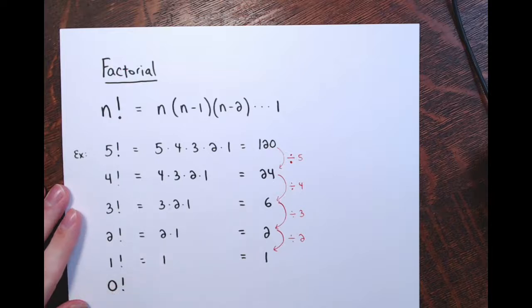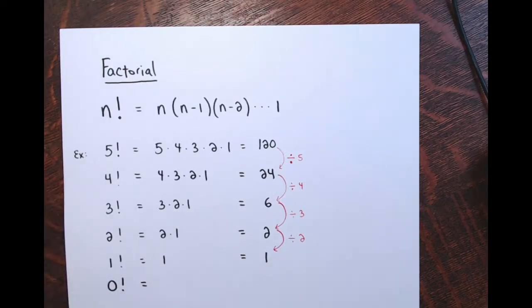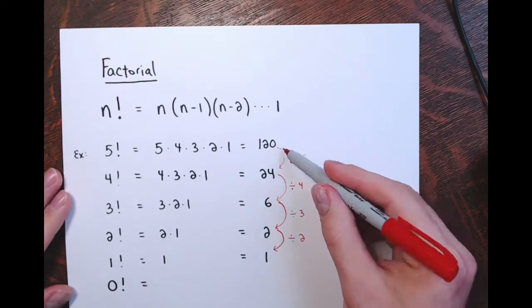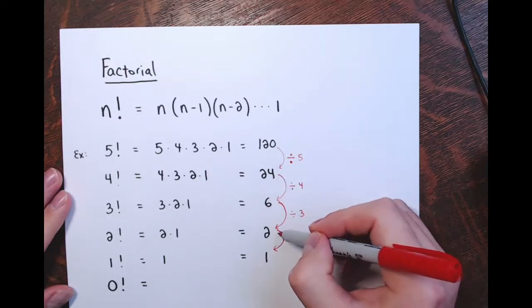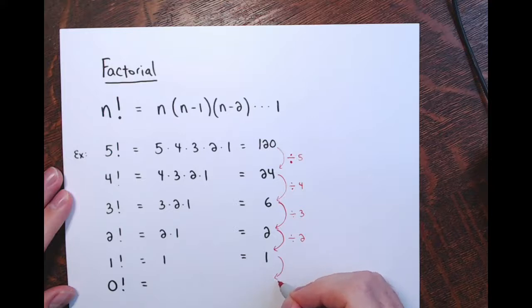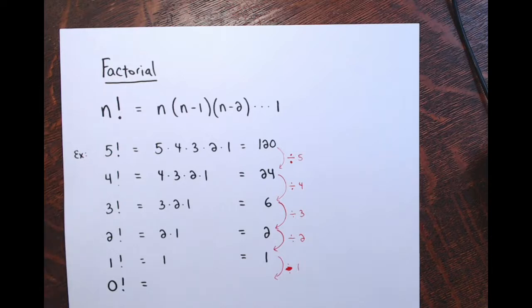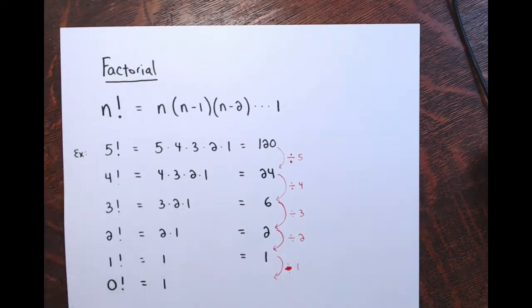0 factorial is defined to be, again, if I follow this pattern, I divided by 5, by 4, by 3, by 2, divide by 1. Divide the previous result I had by 1. 1 divided by 1 is 1. So please keep this in mind. This is important to remember.